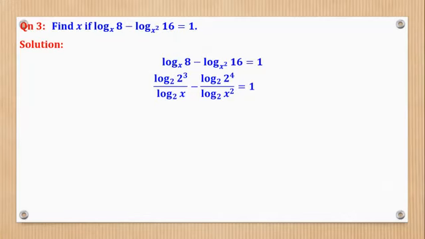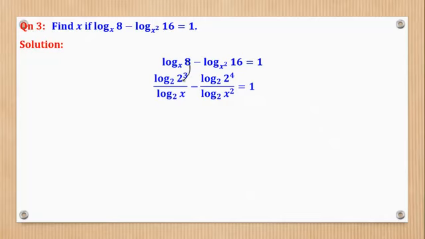It becomes logarithm of 8 base 2 as the numerator and logarithm of x base 2 as the denominator. For this one, it becomes logarithm of 16 base 2 as the numerator and logarithm of x squared base 2 as the denominator.